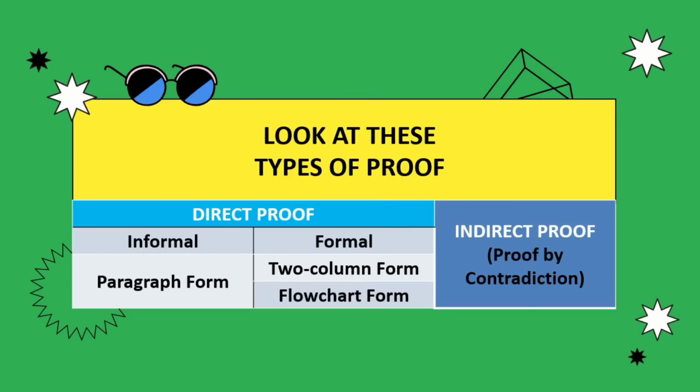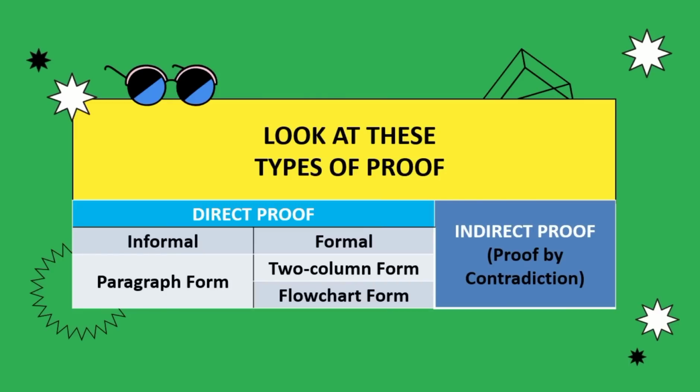Okay? Now, under formal, direct proof, dito papasok yung two-column proof and flowchart form. Okay? Bakit formal? Kasi dito sa formal, itong two-column, ito yung familiar tayo.